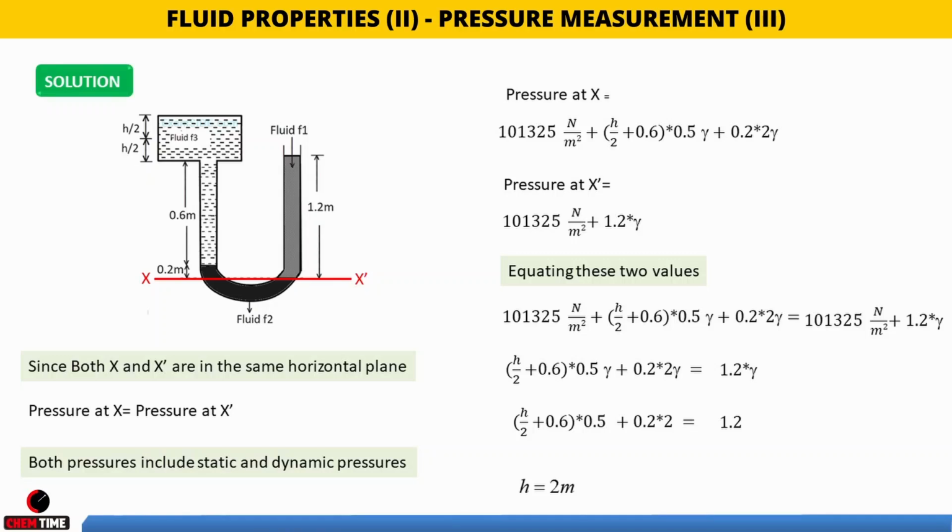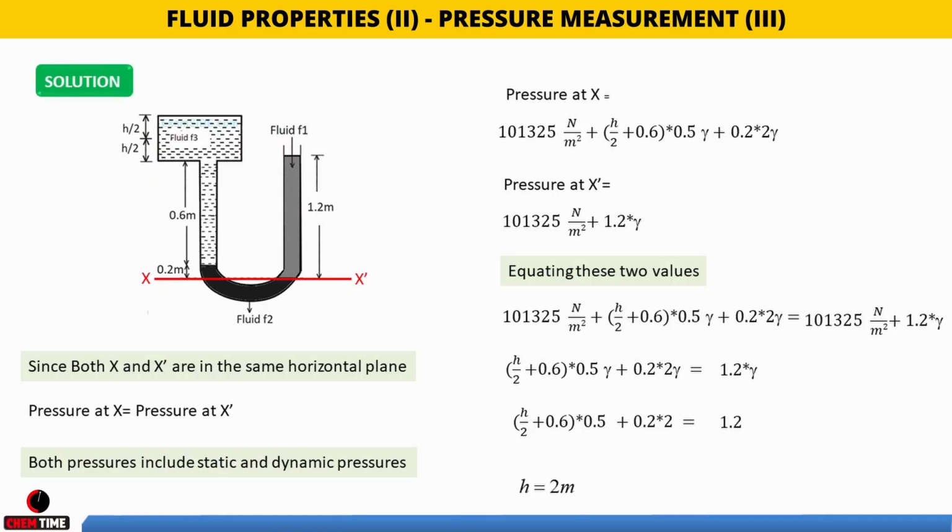Pressure at x dash is, on the other side of the U-tube manometer, open to atmosphere. So here also the pressure is atmospheric, that is 101,325 newtons per meter square plus 1.2 gamma.